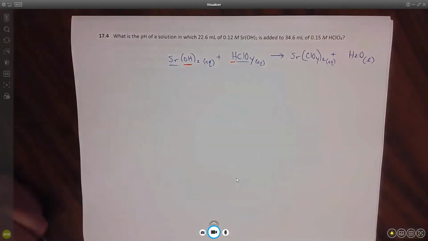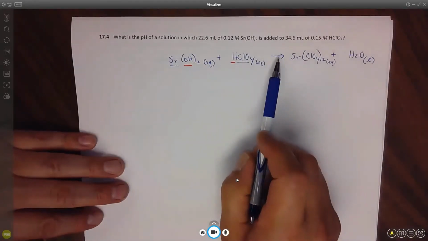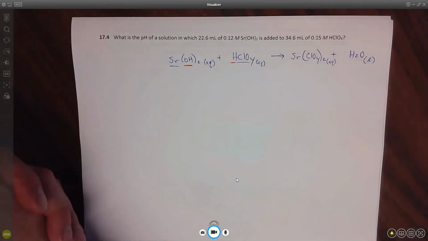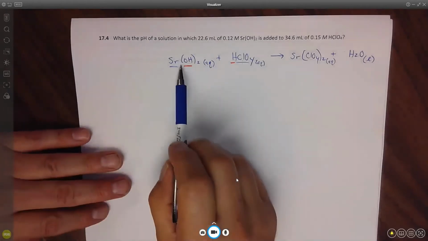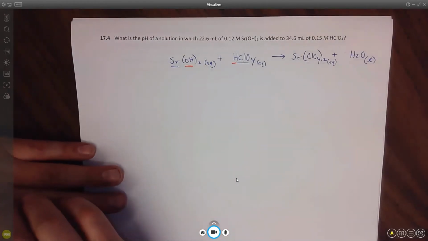Okay, so there is the reaction. Should I put a single arrow or a double arrow here? Would it be just one arrow? Yeah, what would you classify this as? A strong base.